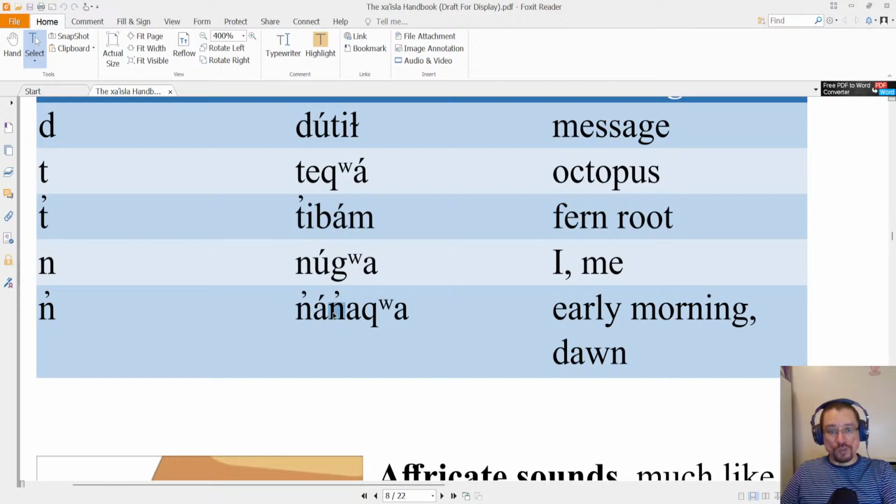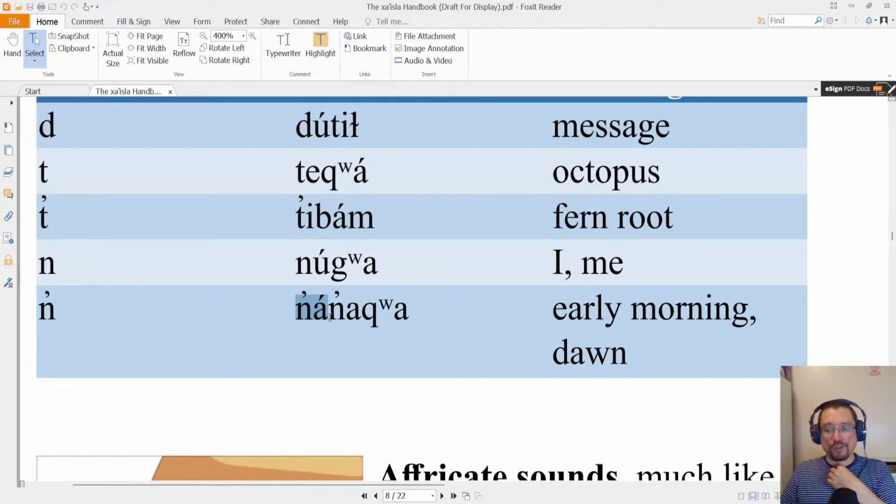There is a difference when it's in the middle of a word. This second glottalized N has a slight pause in front of it, so we hear na, then a slight pause, and then na-kwa. If you listen closely, you should hear that pause after the first syllable. Listen again as I say it. Na'na'kwa.